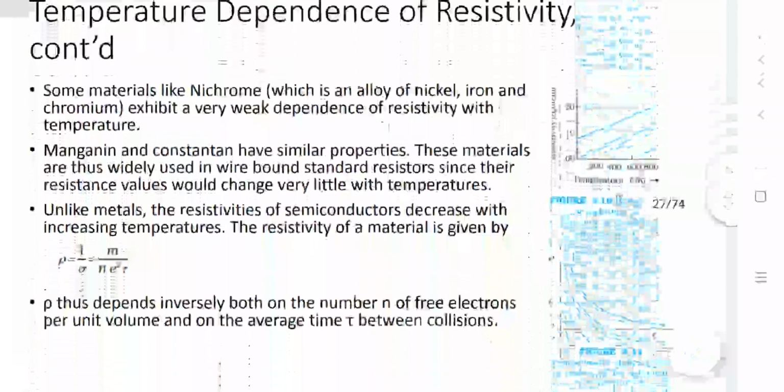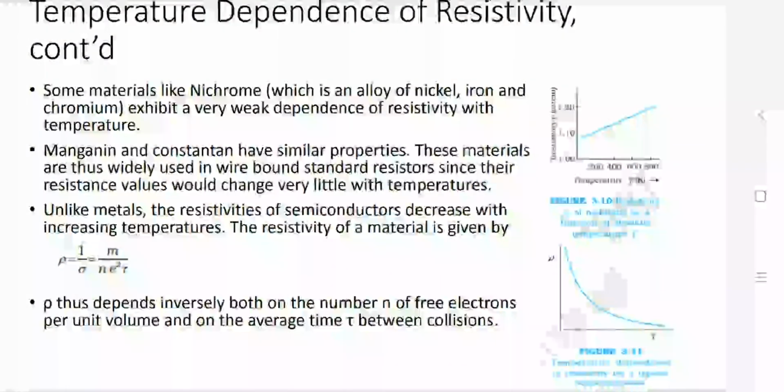Now another temperature dependency we are observing is for nichrome. In this graph, temperature versus resistivity of nichrome is shown, in Kelvin. It starts from around 200 Kelvin. So around room temperature, the temperature dependency of nichrome is very weak.